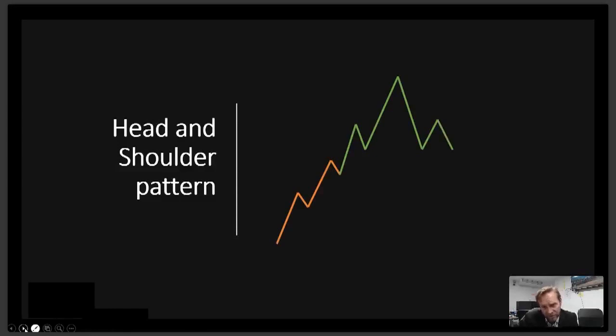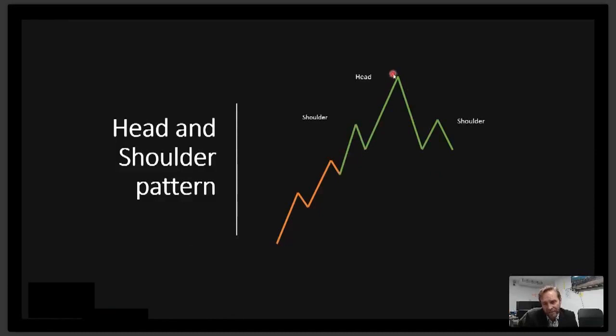This is what we tend to look for, because we're looking for a shoulder, we're looking for a head, and we're looking for another shoulder. Now, what's important here is that the first shoulder bounces off a certain level.